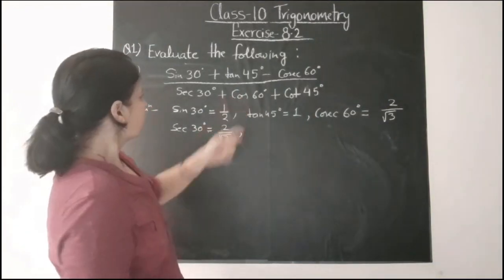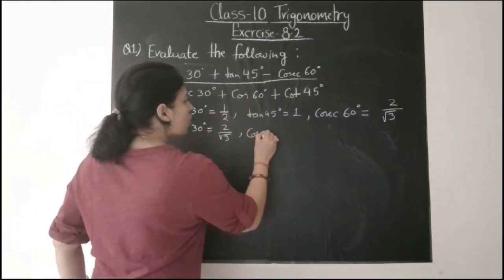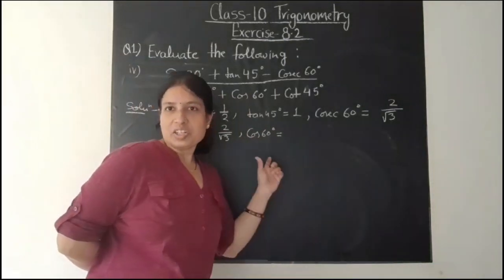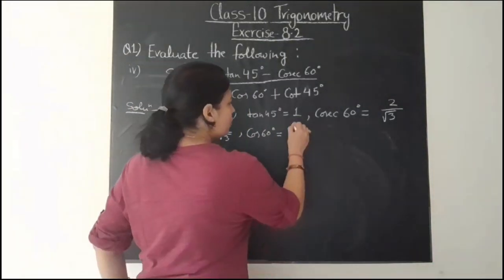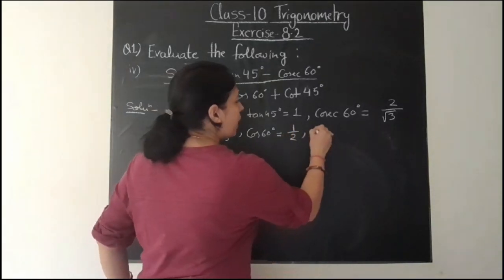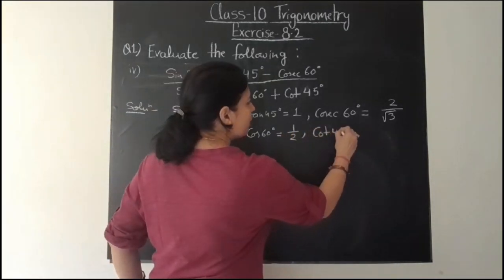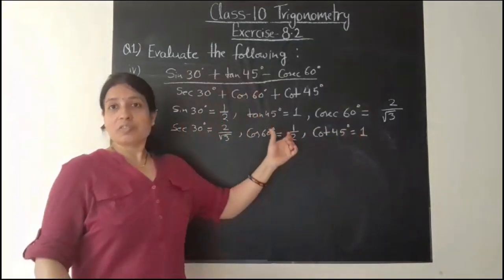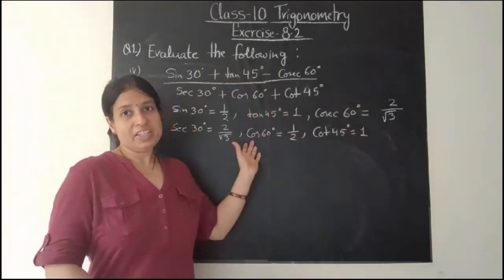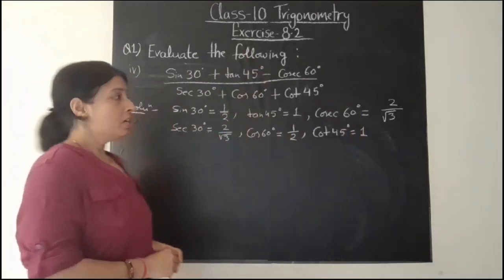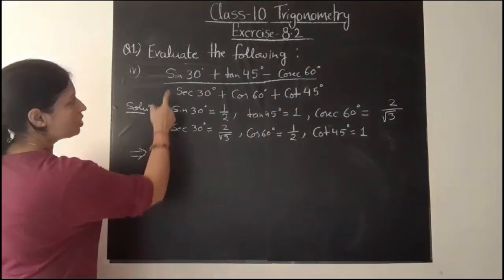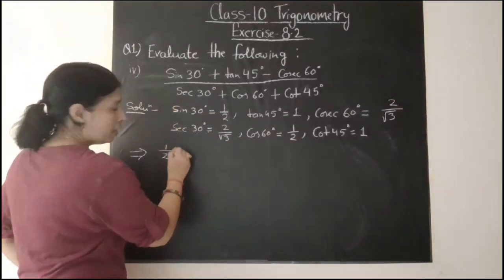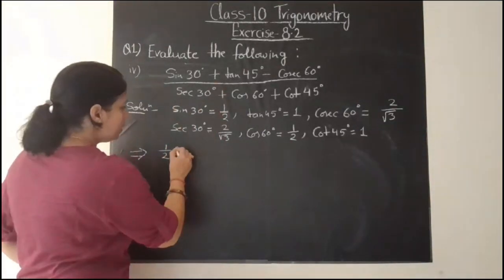Then cos 60 degree is equal to sin 30 degree, so it will be 1 by 2, and cot 45 degree. Cot 45 degree is equal to tan 45 degree, that is equal to 1. So write these values in this equation. So we will get, put this value, sin 30 is equal to 1 by 2, okay, plus tan 45 is equal to 1.